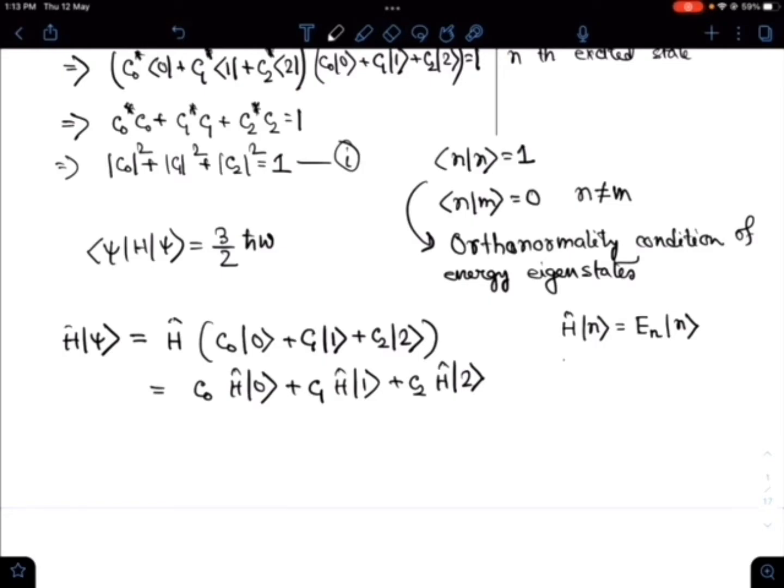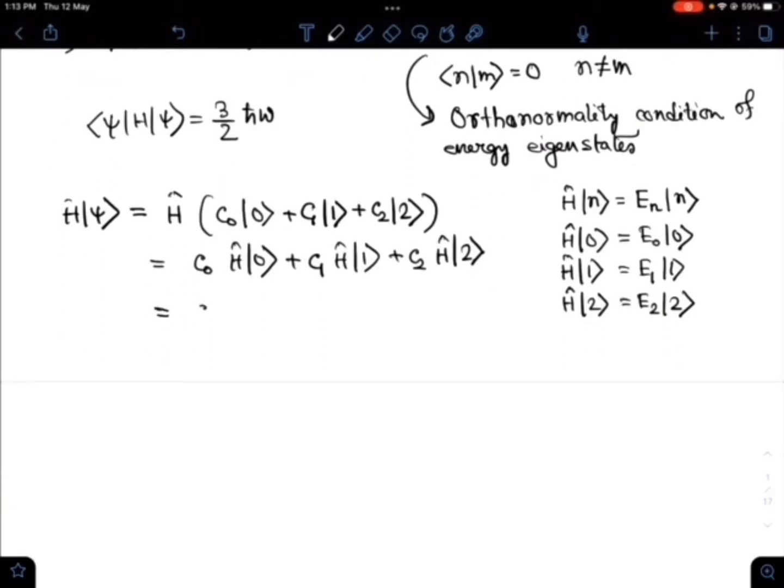So H|0> will be E0|0>, H|1> will be E1|1>, H|2> will be E2|2>. So we can write H|psi> as C0 E0|0> + C1 E1|1> + C2 E2|2>.